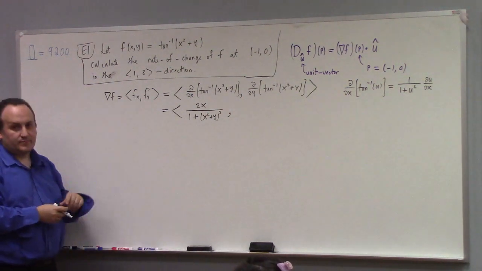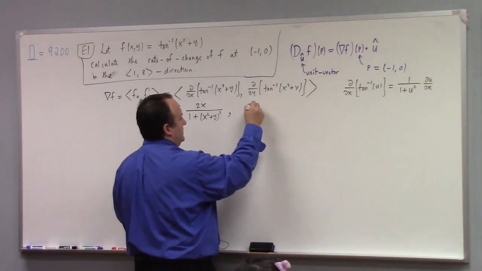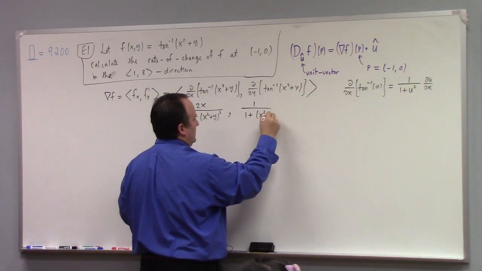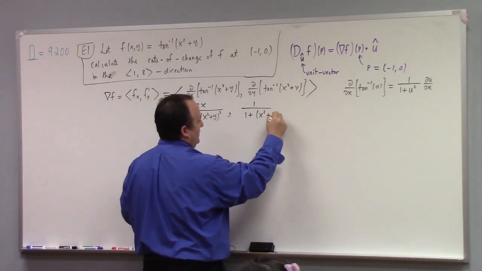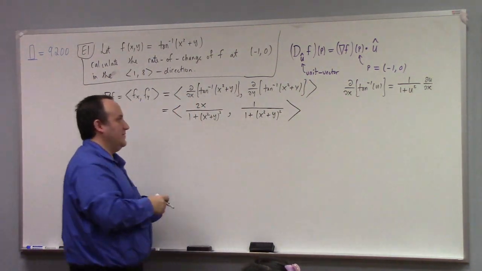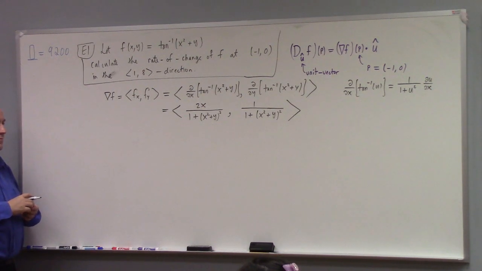I'd just leave it like that. And how about next? Well, next we've just got 1 over 1 plus parentheses x squared plus y quantity squared. And why is there nothing in the numerator for the y component? Derivative of y is 1. Yeah, exactly. Partial u, partial y here is 1.